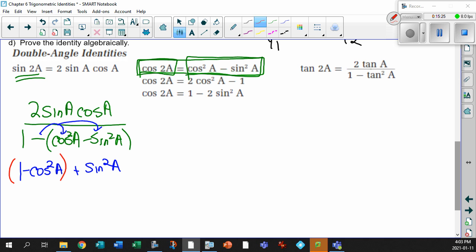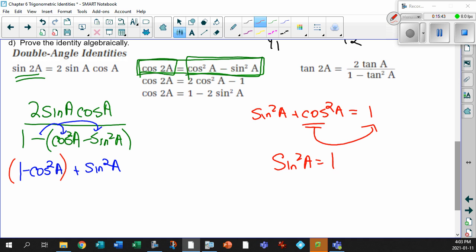Remember this guy? You should have seen it before. Sine squared A plus cos squared A equals 1. If you take this cos squared and bring it over to the other side, you get sine squared A equals 1 minus cos squared A.